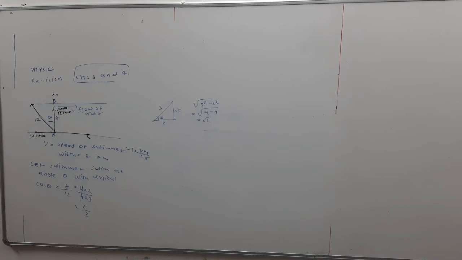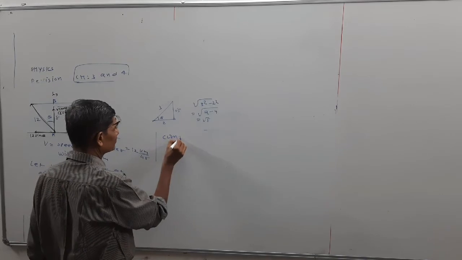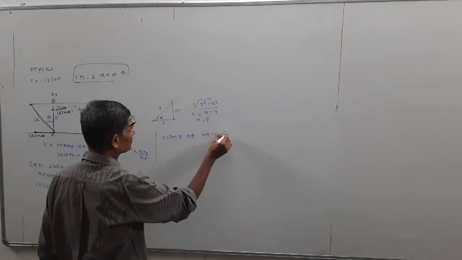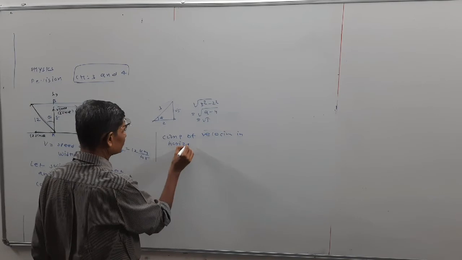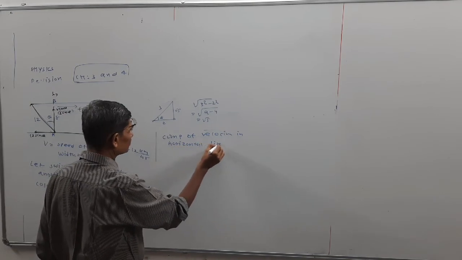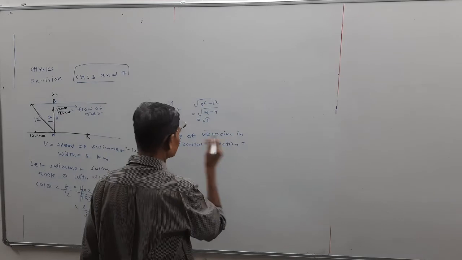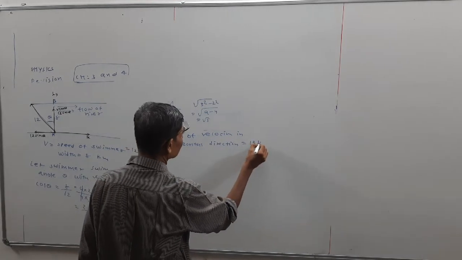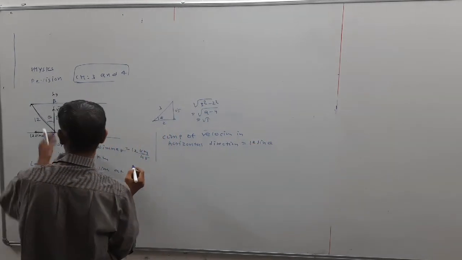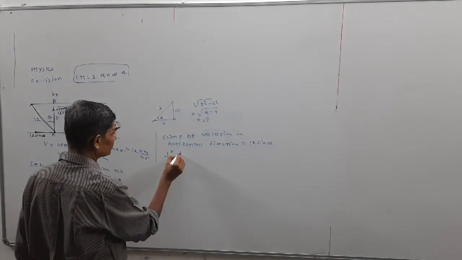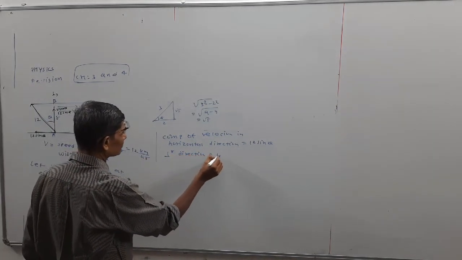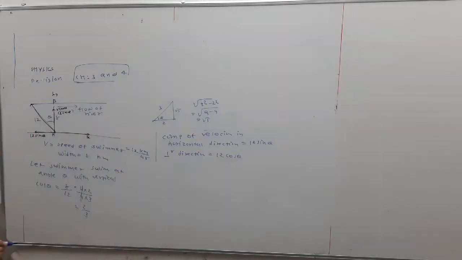The component of velocity in the horizontal direction is 12 sin theta, and in the perpendicular direction it is 12 cos theta. The distance covered is 8 km.